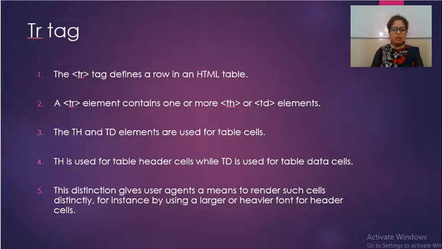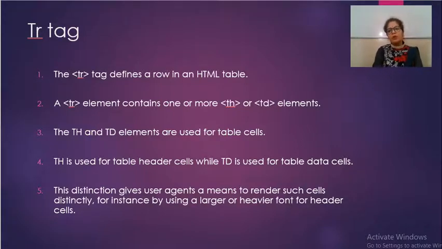Now this distinction gives user agents a means to render such cells distinctly, for instance by using a larger or heavier font for a header cell. Now in the 5th point, it has mentioned why we use the TH tag, that is table header tag, because sometimes we want to display some text in bold form or in highlighted form.